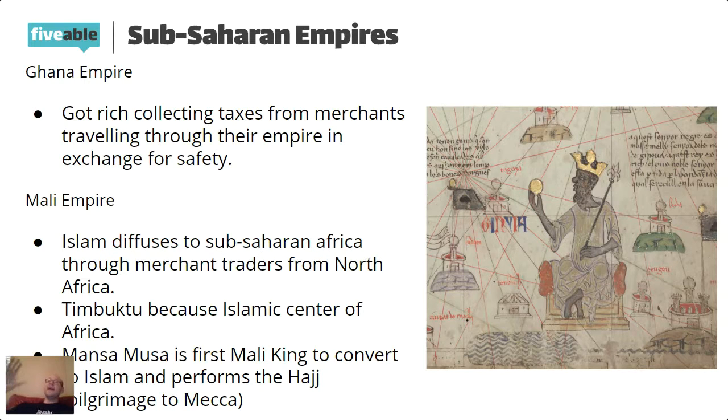So Ghana's right in the middle. I shouldn't say all, but the majority of the merchants are going to go through Ghana. Ghana's going to say, give us taxes. They're going to pay taxes because they want to have that safety in crossing the deserts. And so as a result, Ghana is going to be uber, uber rich.